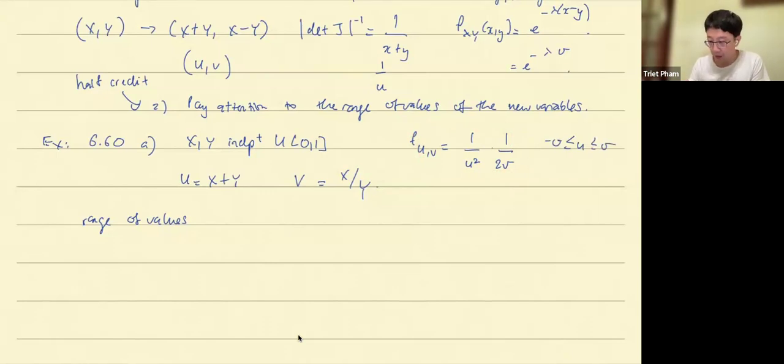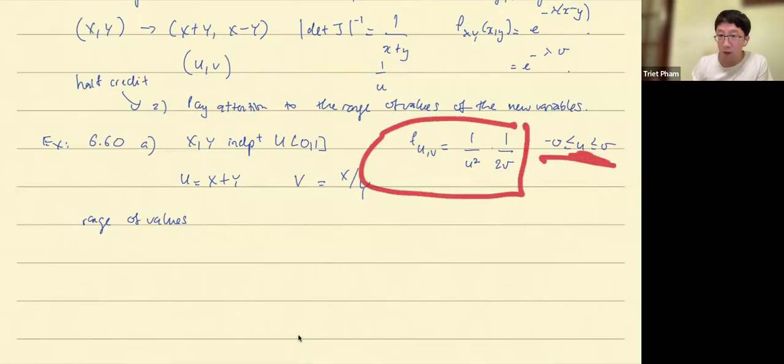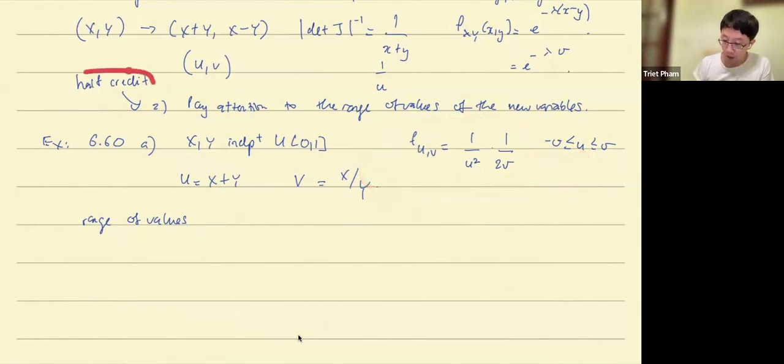Again, I'm making things up, because they may not be a proper density. But what I'm trying to demonstrate is that without the range of values, you may make the wrong conclusion about the nature of the interaction of the random variables. So the range of values is crucial for the density.